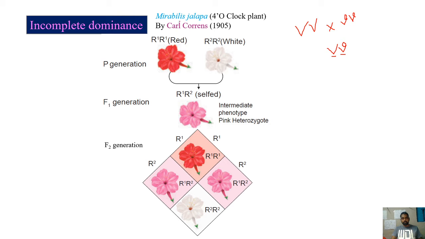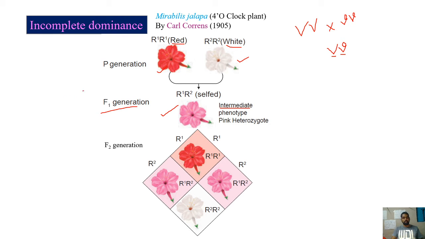But in this case, when he was performing a similar kind of experiment, when he crossed a red flowered plant with a white flowered plant, in the F1 generation there were no white flowers or red flowers. Instead, the flowers were only pink in color. So this phenotype is intermediate. It is not completely red or completely white.